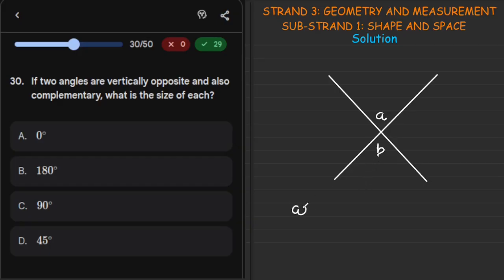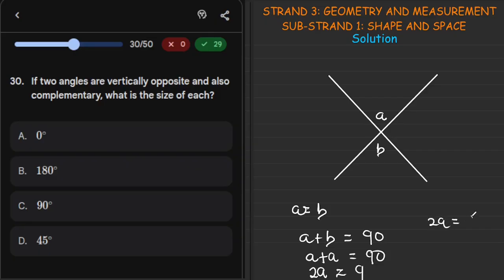So it simply means A is equal to B. And we are also saying that these two angles are complementary. So it simply means A plus B is equal to what? 90. And since they are all the same, then we can simply say A plus A equals 90. Simplifying further, we have 2A being equal to 90. We are then going to divide both sides by 2.